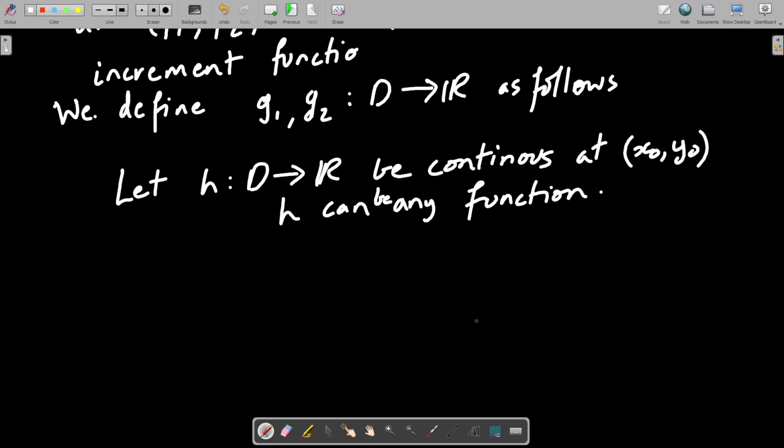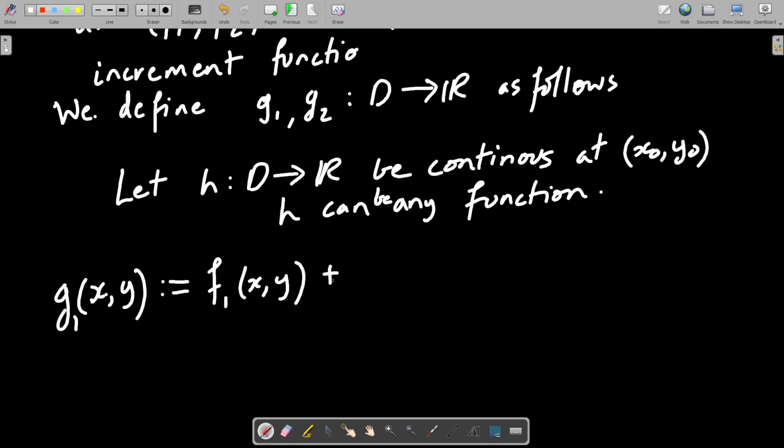Wait a minute. So what we're going to do is define g1 of xy as f1 of xy plus (y minus y naught) of h of xy.